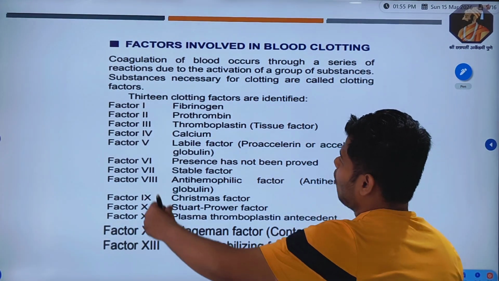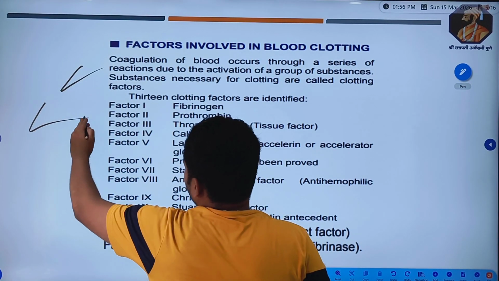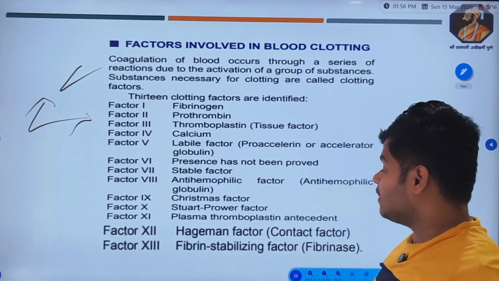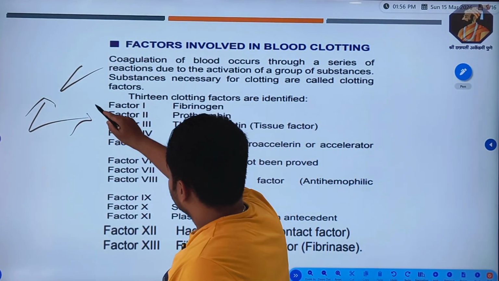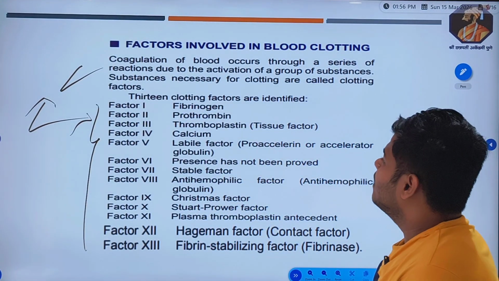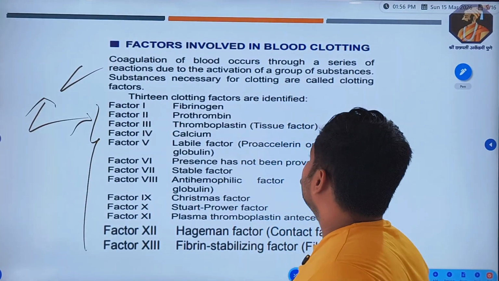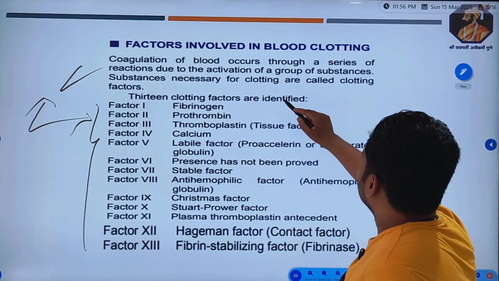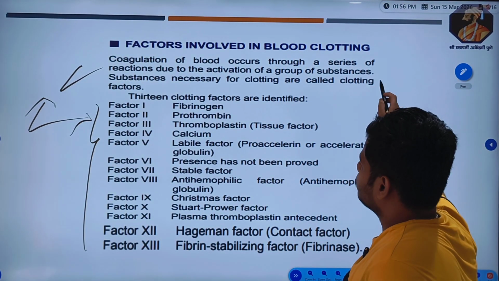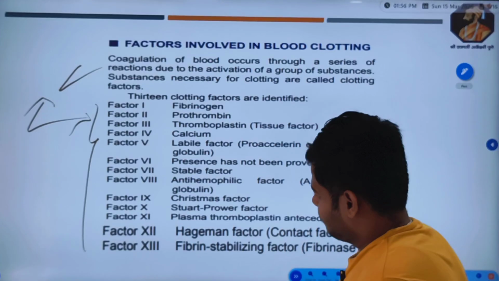Now how is all this clotting done, what is the mechanism behind it? There are 13 factors involved in this cascade process, right? Let us see in detail. Coagulation of blood occurs through a series of reactions due to the activation of a group of substances necessary for clotting, called clotting factors.